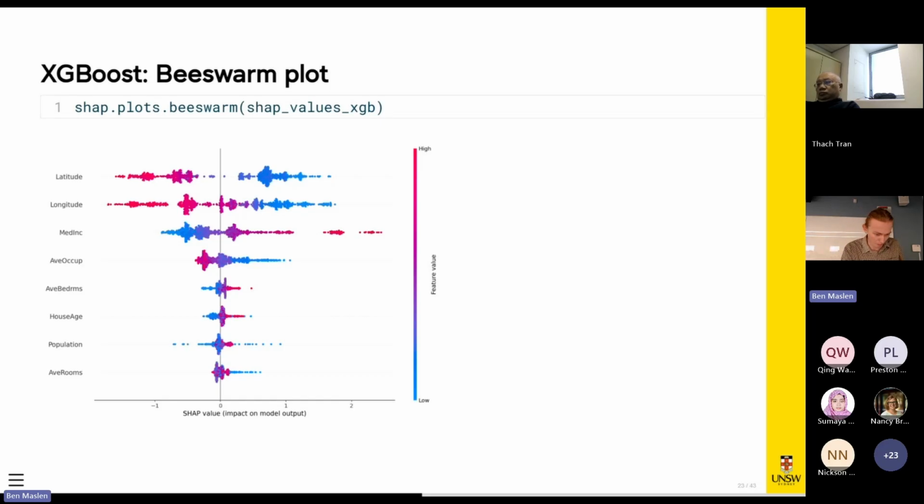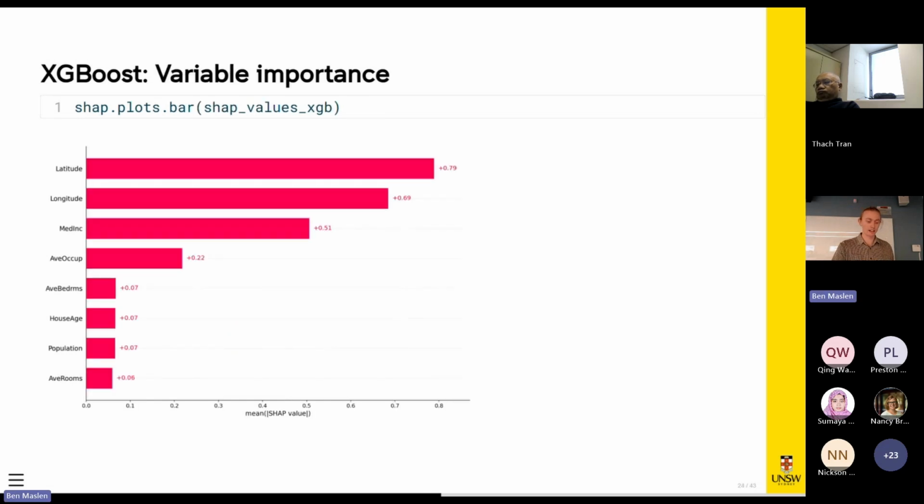So for example, for population, it goes from blue to red to blue again. Okay, so we're allowing non-linear trends to be fit in our model, and we can try and pull apart those non-linear trends here in the beeswarm plot too. Again, we can get out our variable importance by taking the average of the absolute value of our SHAP values.